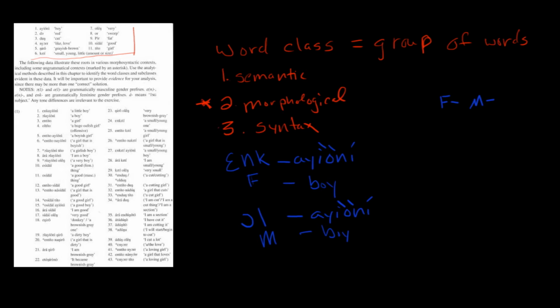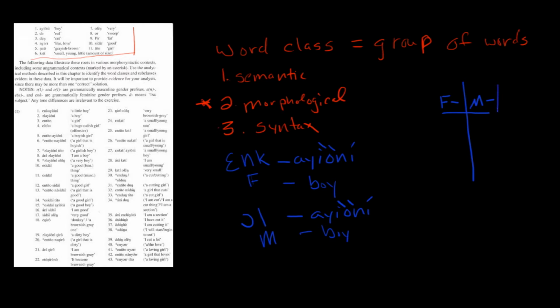So we can make a table, and oops, let's control that out. And so we have two categories, or two criteria: those that can take the feminine prefix, and those that can take the masculine prefix. Okay.